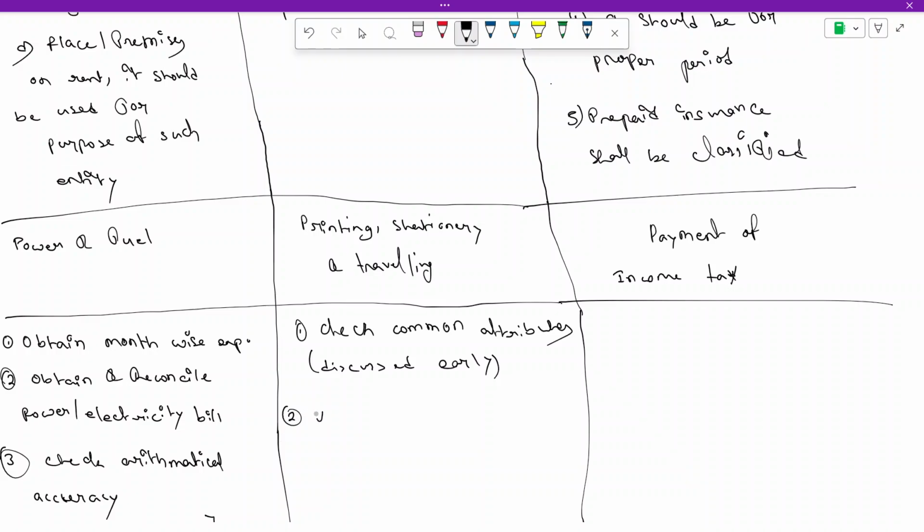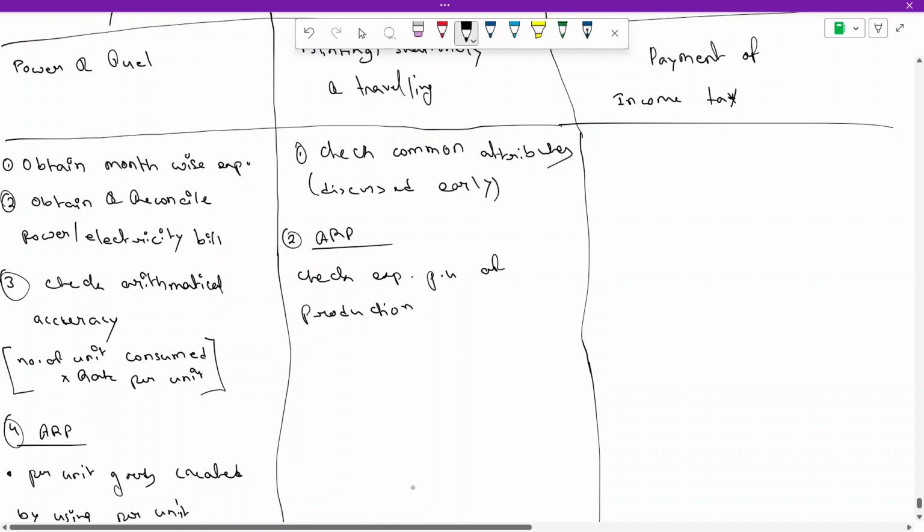Then the analytical review procedure: check expense per unit of production and compare with previous year.